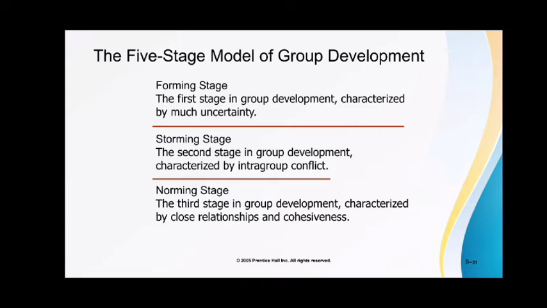Storming stage, the second stage in group development, which is characterized by intragroup conflict. The storming stage is the most difficult and critical stage to pass through. It is a period marked by conflict and competition as individuals' personalities emerge. Team performance may actually decrease in this stage because energy is put into unproductive activities.